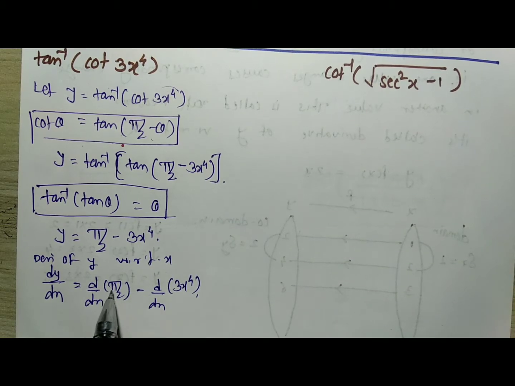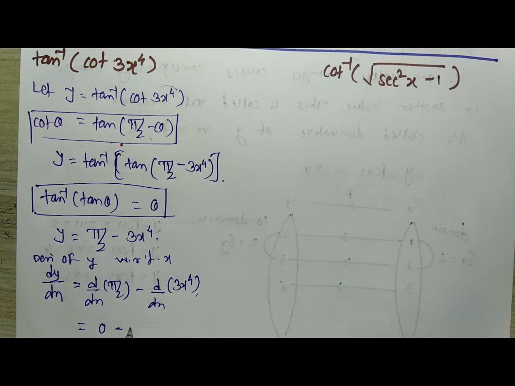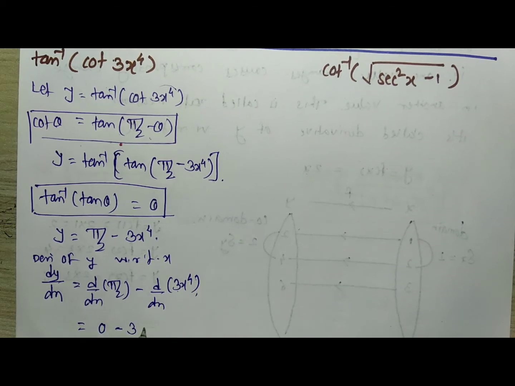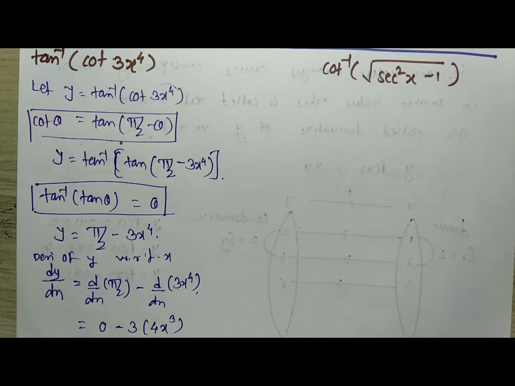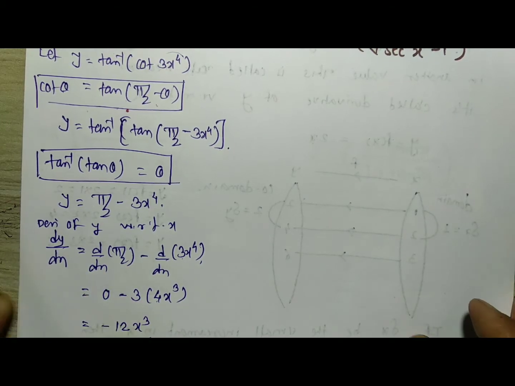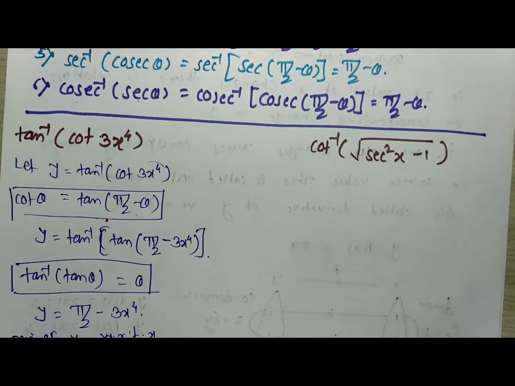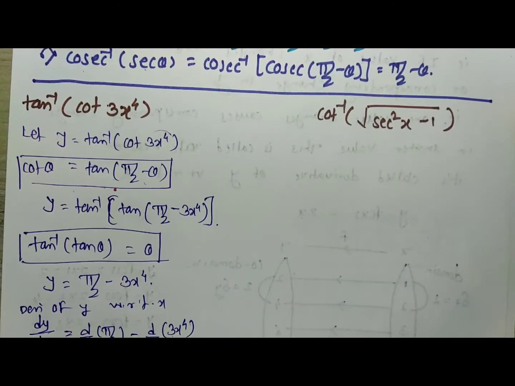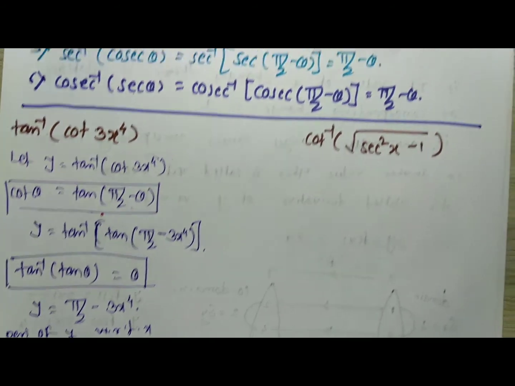Derivative of pi by 2 is 0 because it is a constant, minus 3 is taken outside, and x raised to 4 has the derivative 4x raised to 3. Therefore you get 0 minus 3 into 4, that means 12x raised to 3, and this is the derivative of tan inverse cot 3x raised to 4.